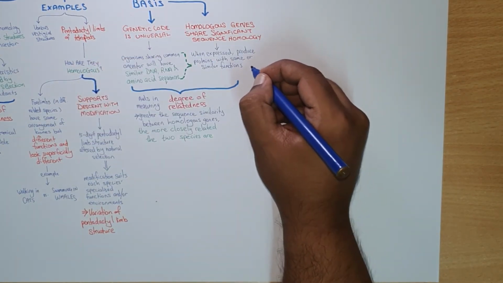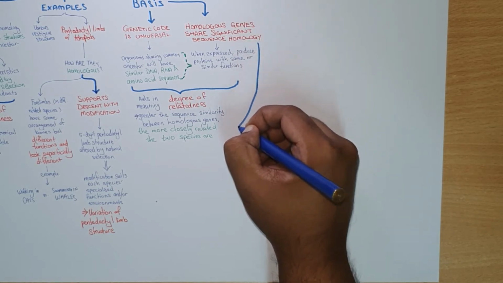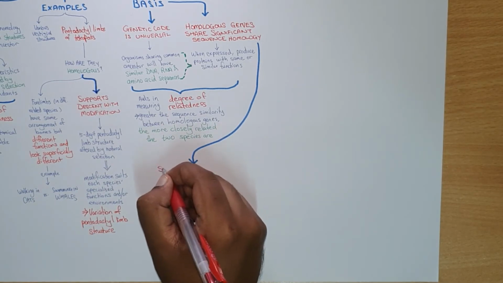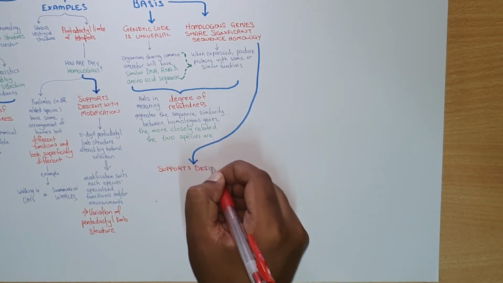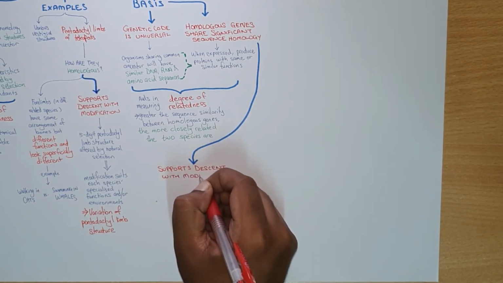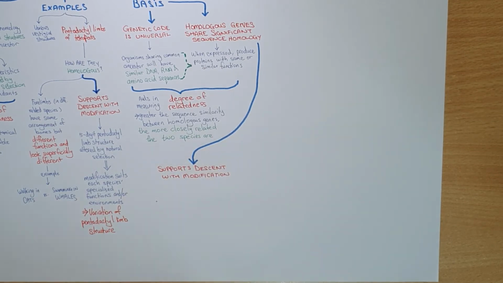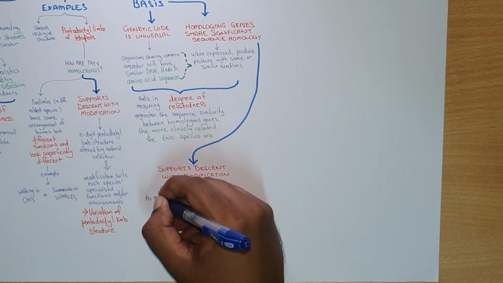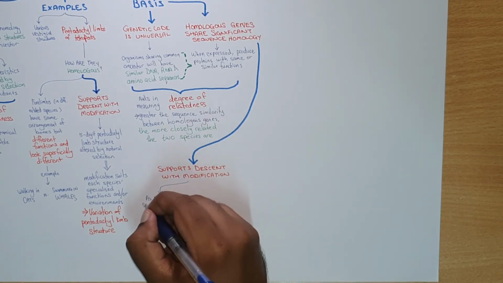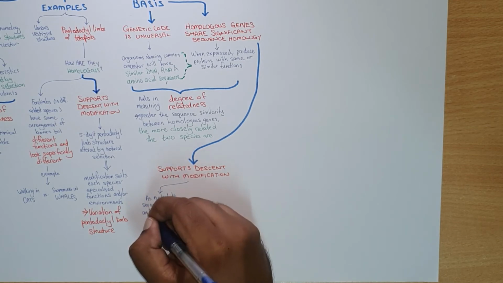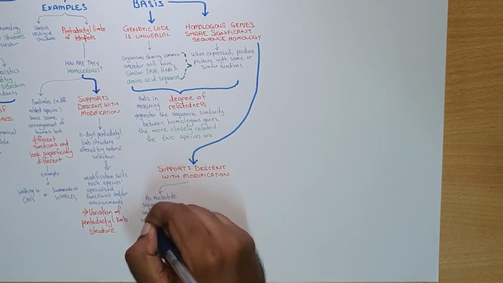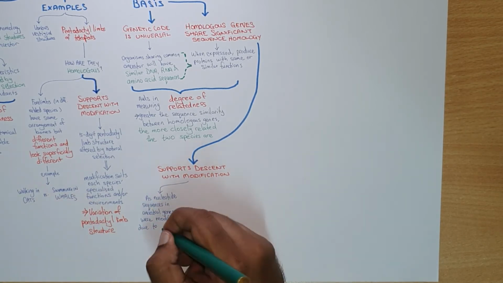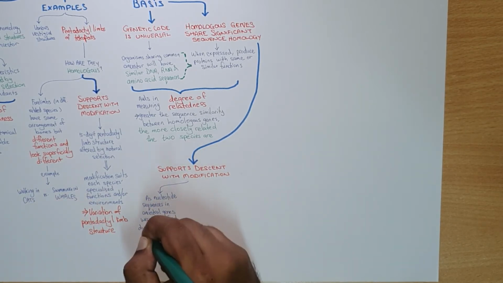this also supports the idea of evolution because it supports having descent with modification. If you have homologous genes that share significant sequence homology, it supports the idea of descent with modification. And actually this is because nucleotide sequences in ancestral genes become modified due to accumulation of mutations. So there is that idea of modification.